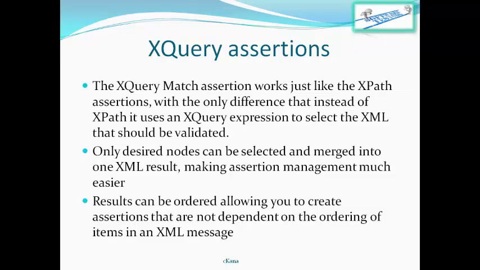Results can be ordered, allowing you to create assertions that are not dependent on the ordering of items in an XML message. So you can order the result of the message as per your needs. Now this has a lot of distinct advantages for complex validations.